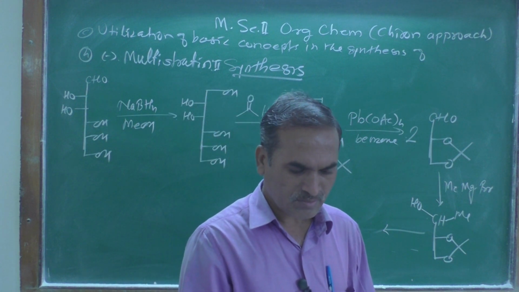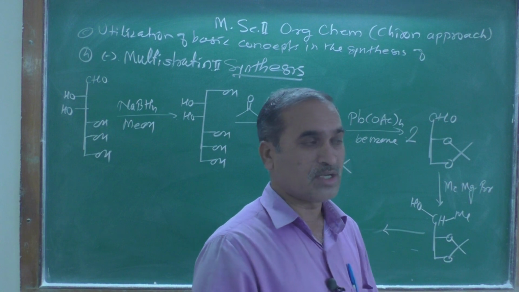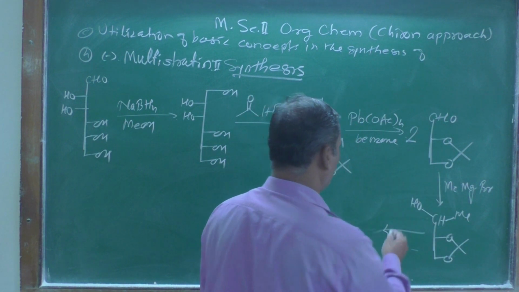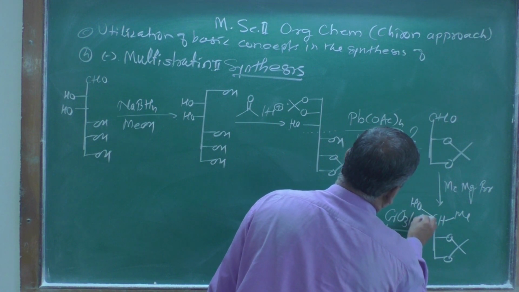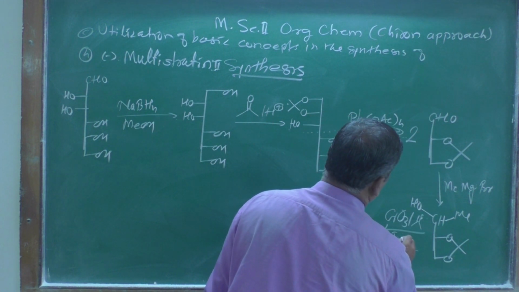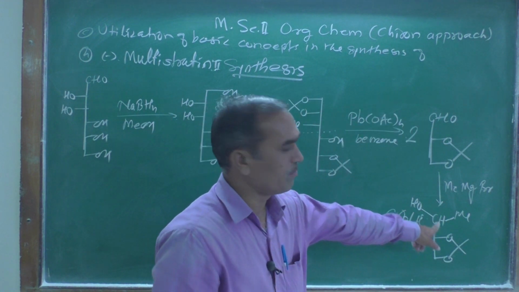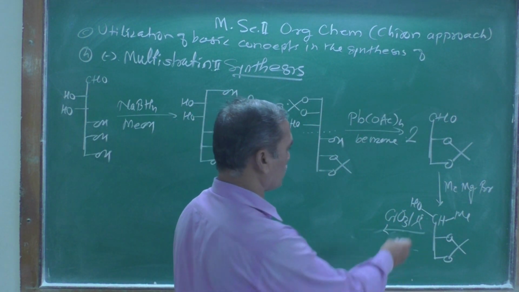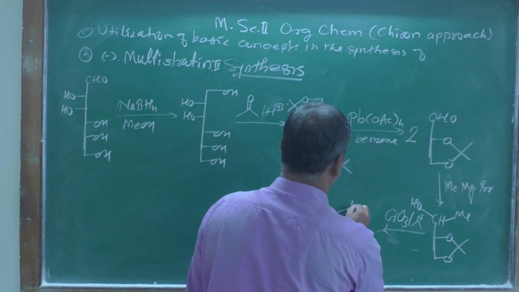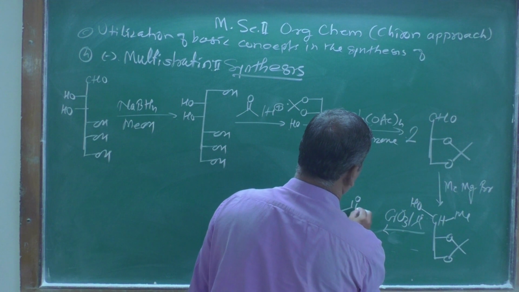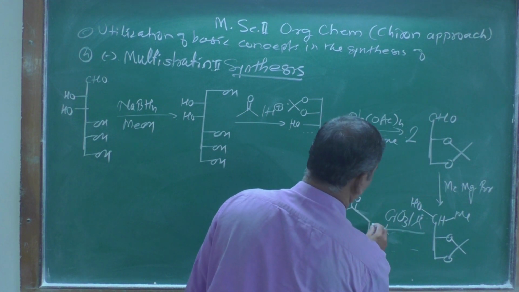Here we can use Jones reagent. Do you remember Jones reagent? CrO3 in the presence of acetone. This is Jones reagent, and what will it do? It will oxidize the secondary alcohol into a ketone, and therefore you are going to get this compound over there.